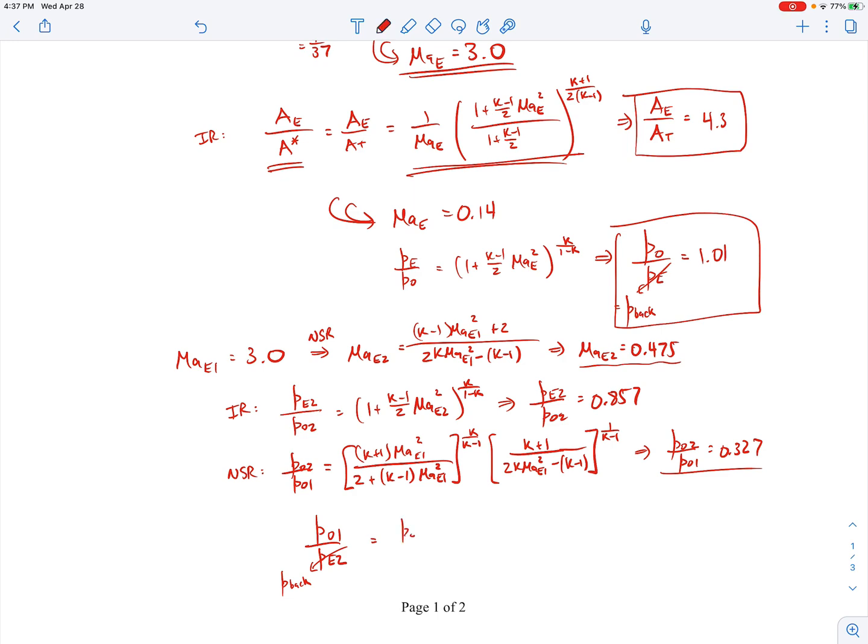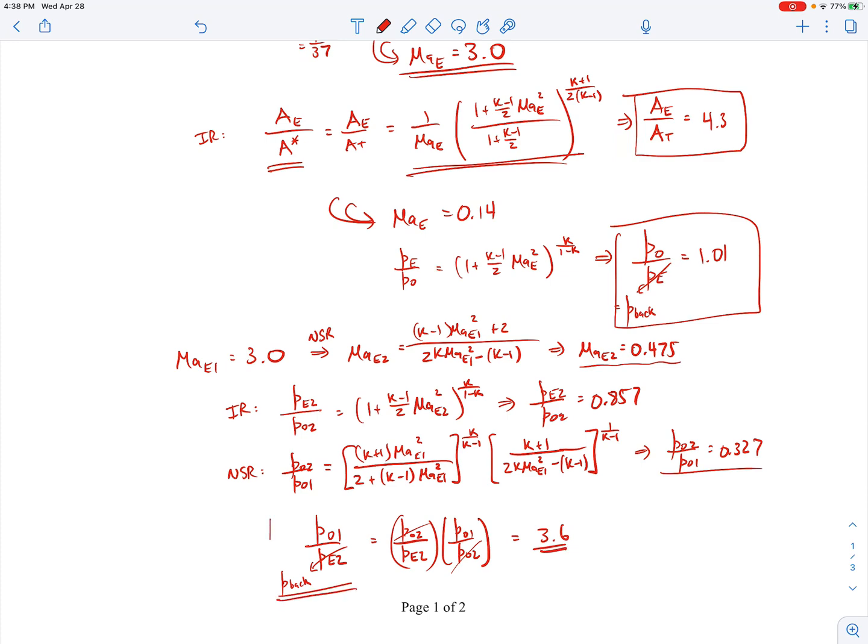So this will be P02 all over PE2. That's this expression just flipped upside down. And then I'll multiply that by P01 over P02. That's this expression flipped upside down, right? And then you'll see that the P02s cancel out. So if I do that and work out the numbers, this will come out to be 3.6.